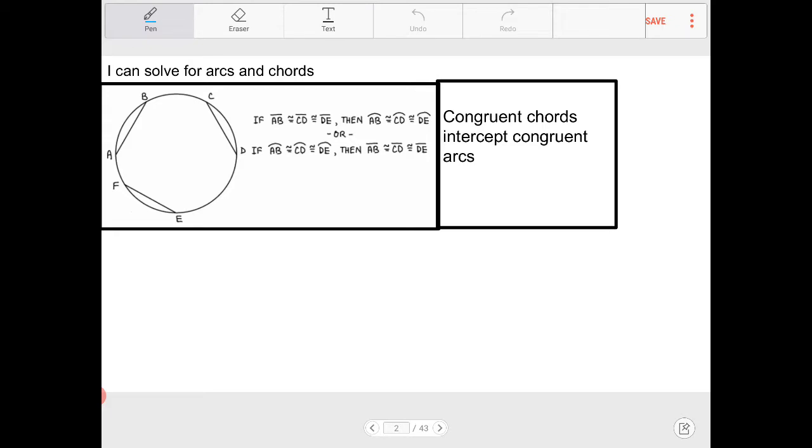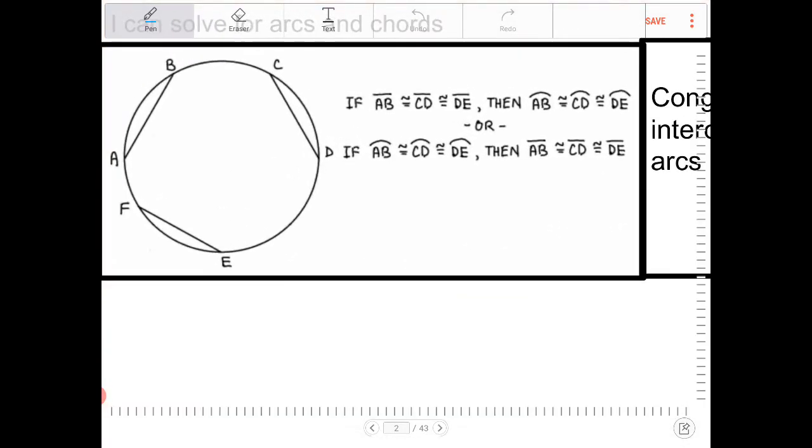This is actually a corollary of the theorem that we had talked about in the previous lesson, which was congruent arcs intercept congruent central angles, or congruent central angles will have congruent arcs. So as a corollary, we can talk about not only the central angle, we can talk about their chords.